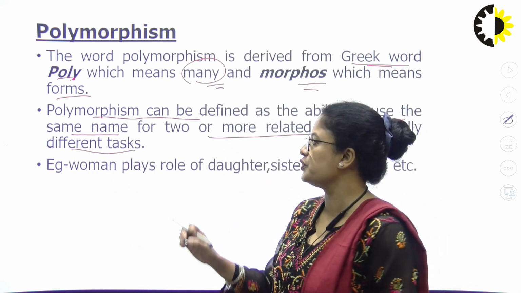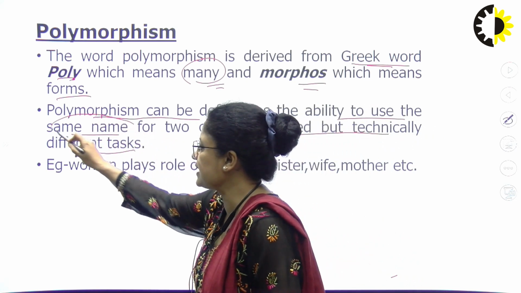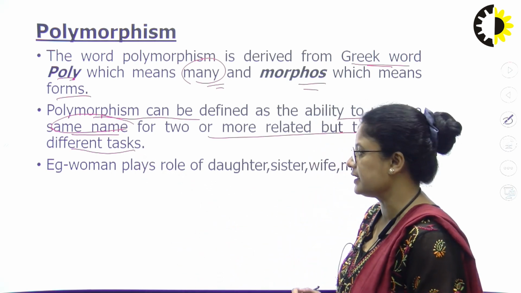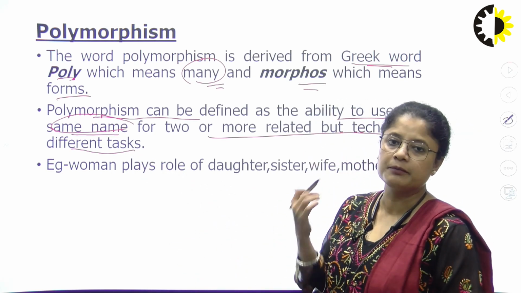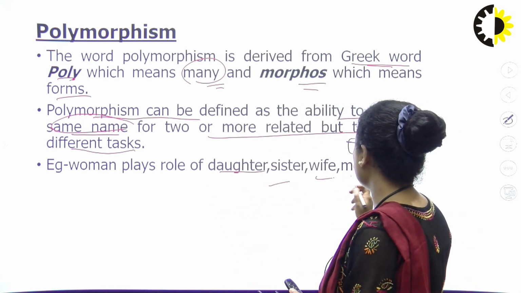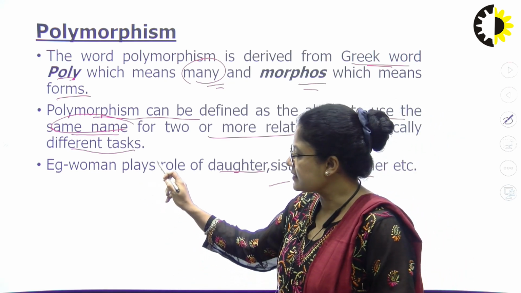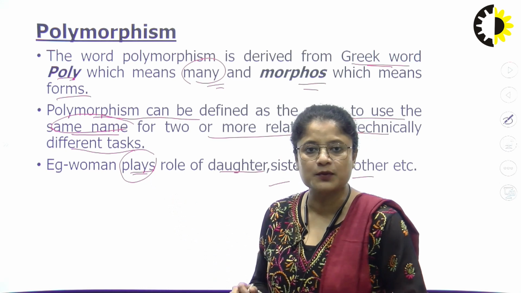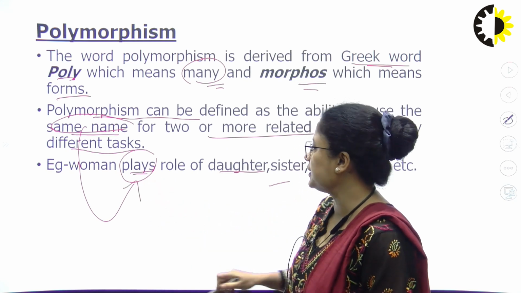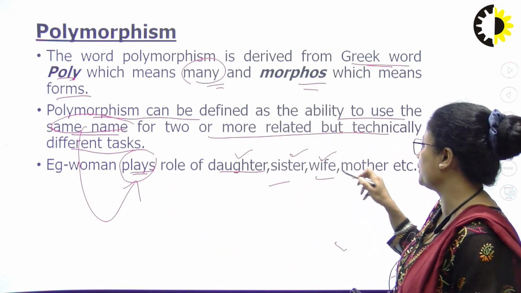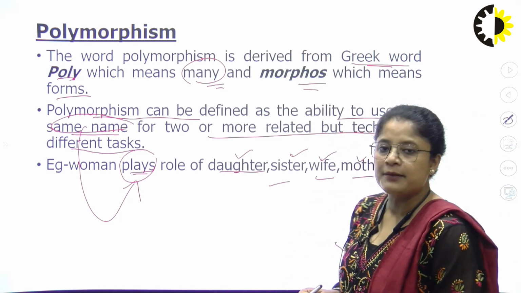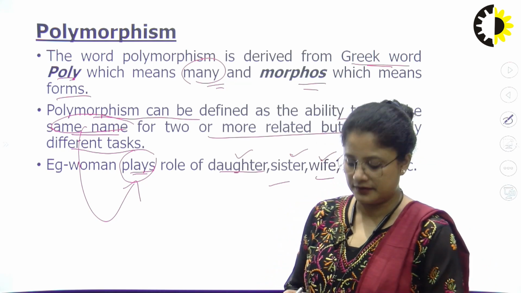For example, a woman can play different roles, like that of a daughter, a sister, a wife, a mother, and so on. The name is the same, but the tasks are different. That is what polymorphism is all about: same name but multiple different tasks which are somewhat related.